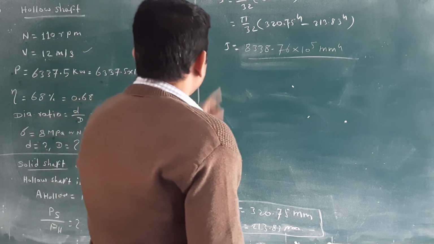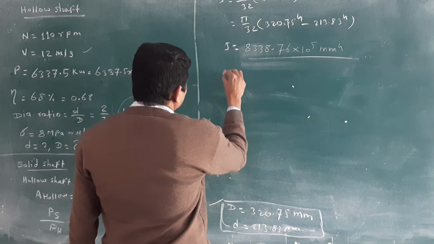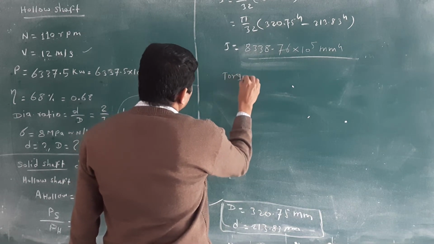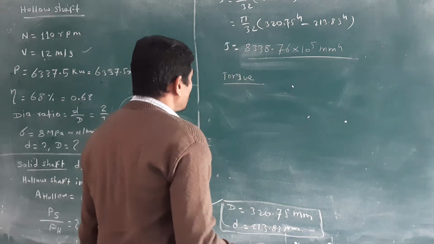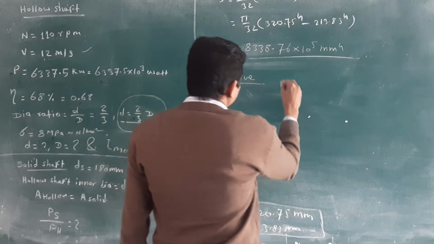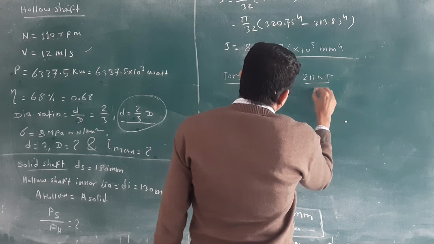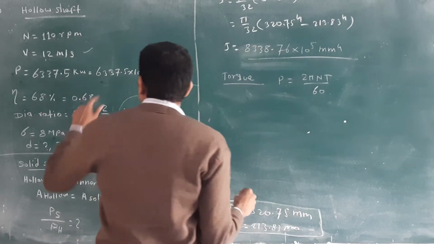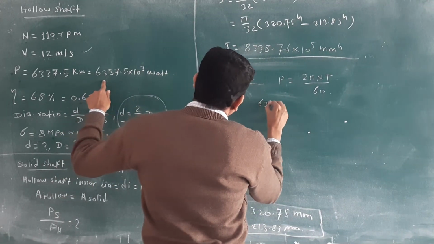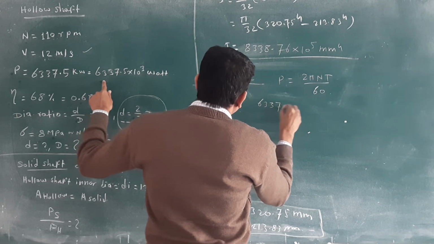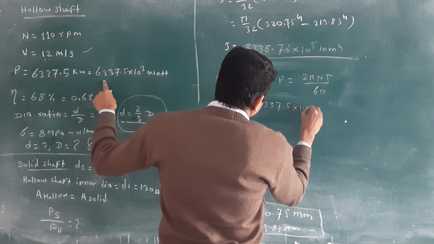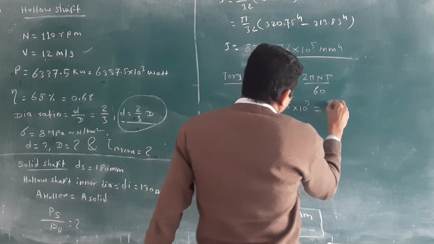Once you have got the polar moment of inertia, then next step we want to calculate the torque. How to calculate the torque? Use the power formula: P is equal to 2 pi N T divided by 60. What is the power? 6337.5 into 10 raised to 3 is equal to 2 pi.